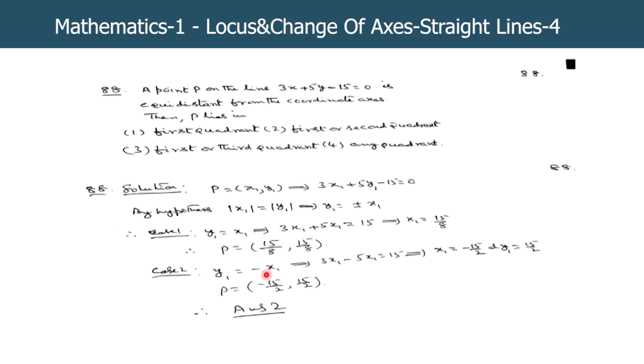Case 2, y1 = -x1 and 3x1 - 5x1 = 15, or x1 = -15/2 and y1 = 15/2. So in case 2, the point P is (-15/2, 15/2). So that means either P lies in the first quadrant or P can lie in the second quadrant. So the correct option is number 2.